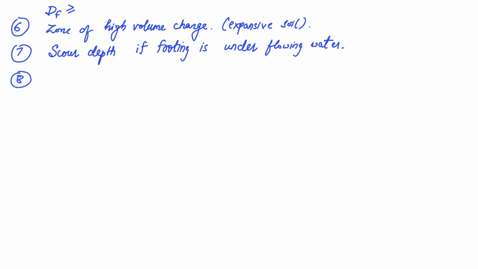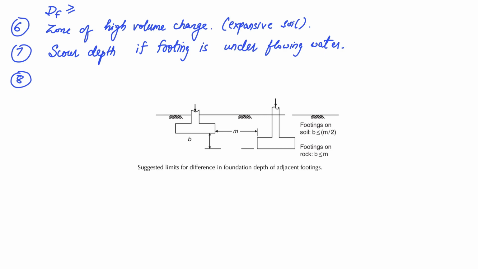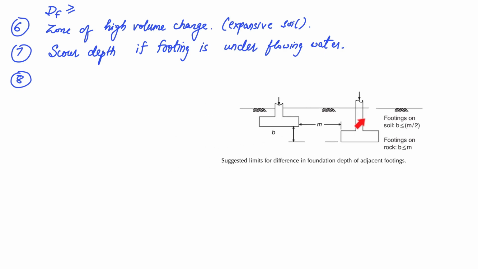See here, if there is a foundation that is already present in your location or in the construction area, then whenever you are installing a new footing, you should understand that if a greater depth excavation is made for a new footing, then it is possible that the soil from the base of the older footing may flow towards the deeper excavation, and hence there should be a limit on the difference in the depth of these two footings.